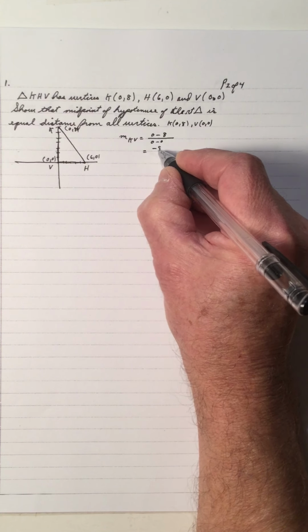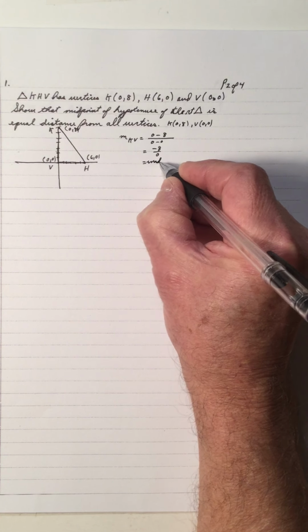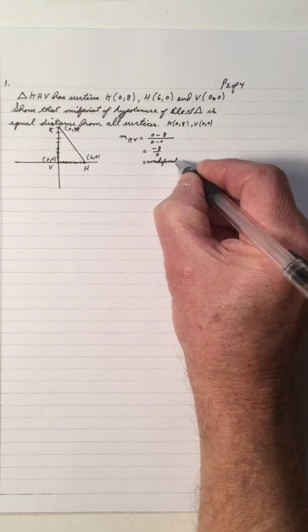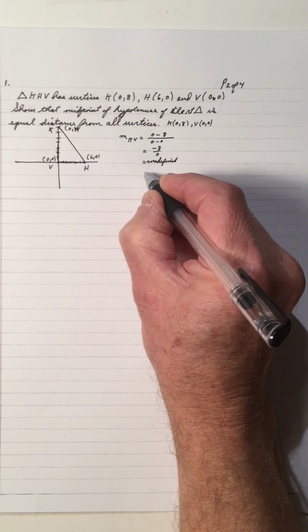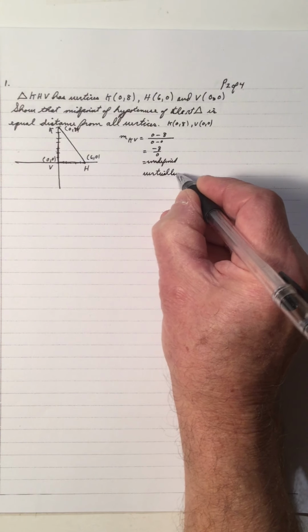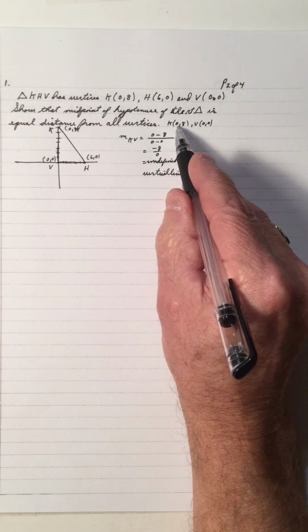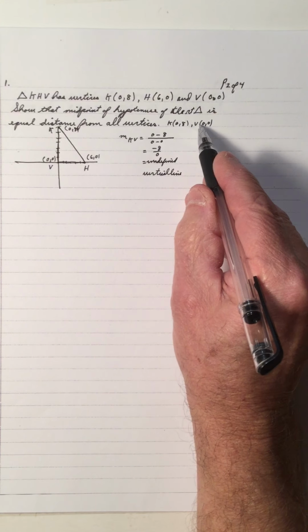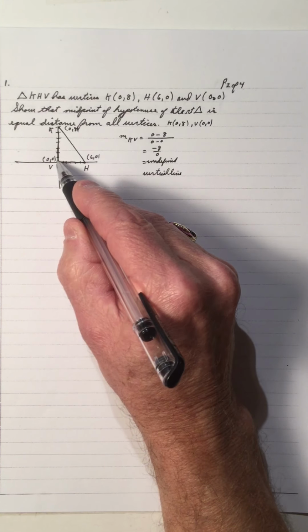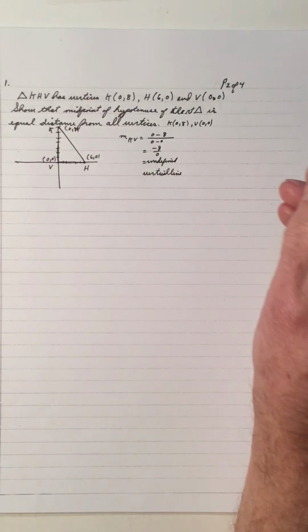So that's negative 8 over 0, and that's an undefined slope. An undefined slope means you have a vertical line. Notice that for (0,8) and (0,0), the x coordinates are the same. So because the x coordinates are both 0, we have a vertical line.